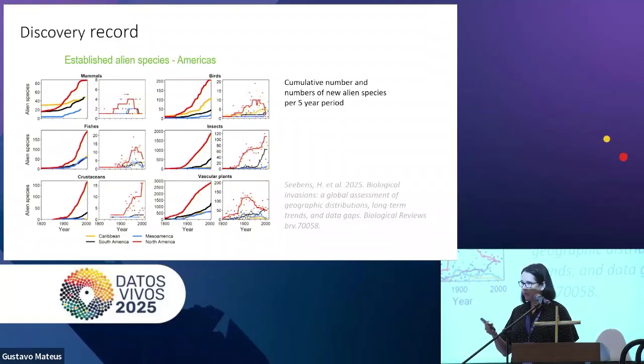It shows, and this is just for the Americas, but these data are available for all regions, the numbers of discovered established alien species essentially over time. And this is a very key input into the headline indicator.